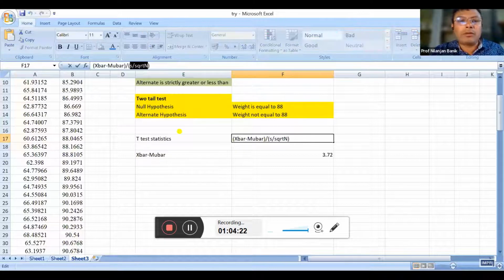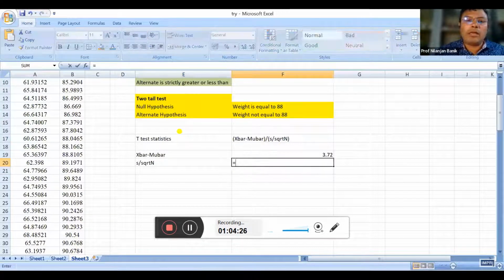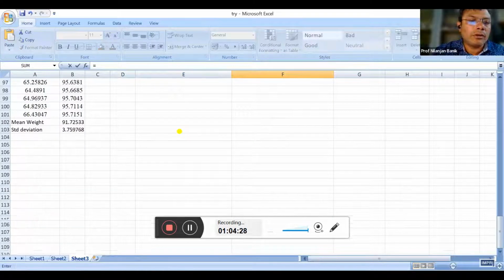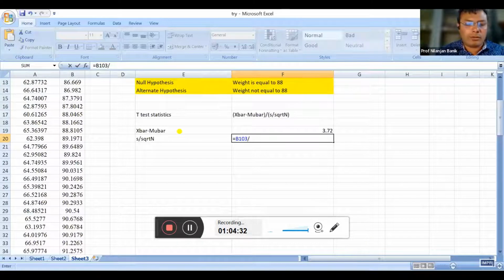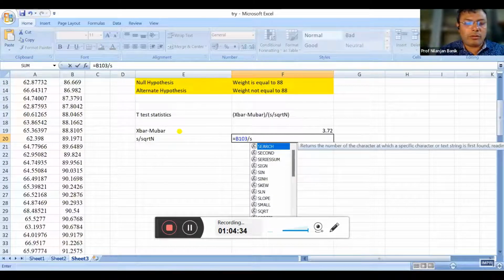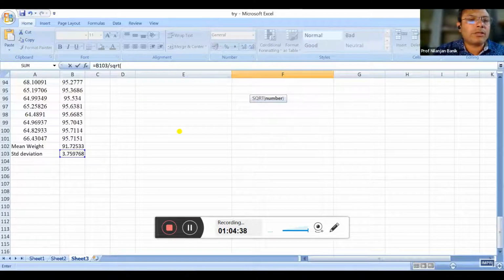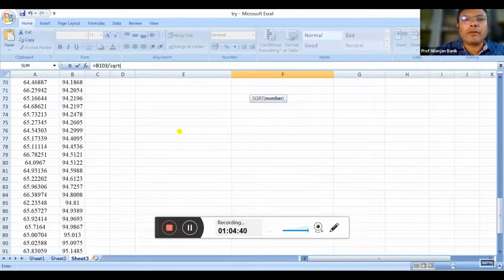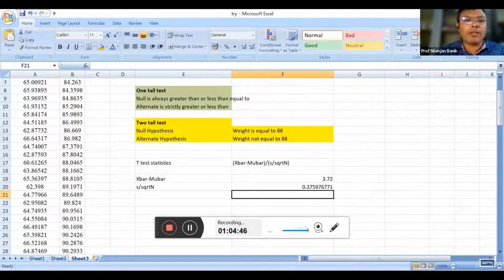Okay. So S is the standard deviation over square root of, what is the total number of sample size here? It is 100. Yeah, so it will be 10. So this is what I'm getting.